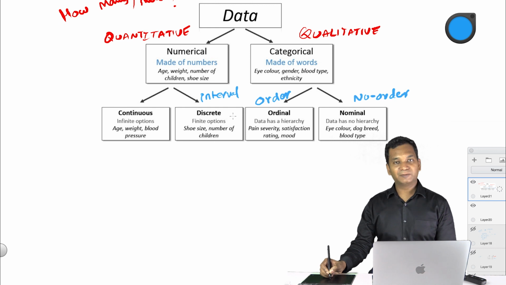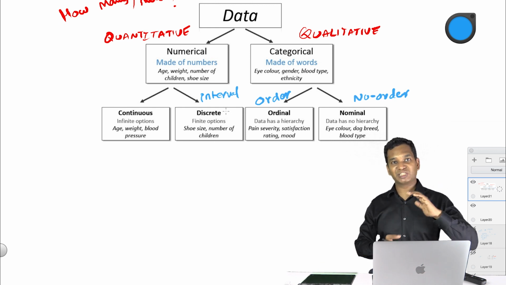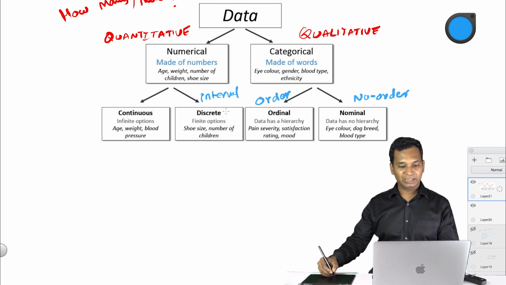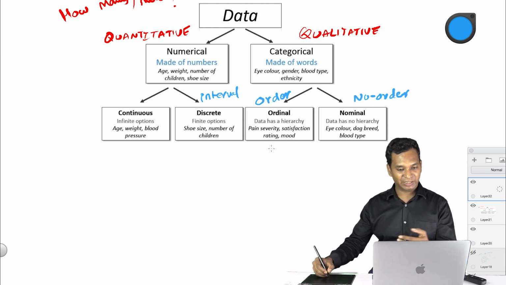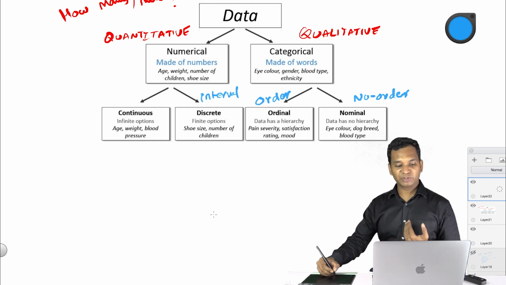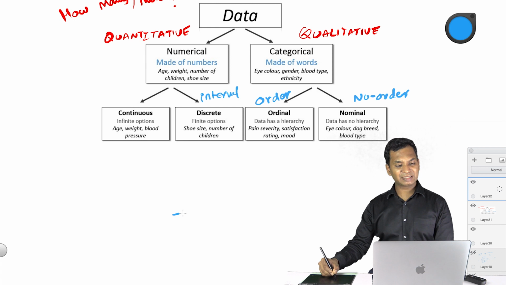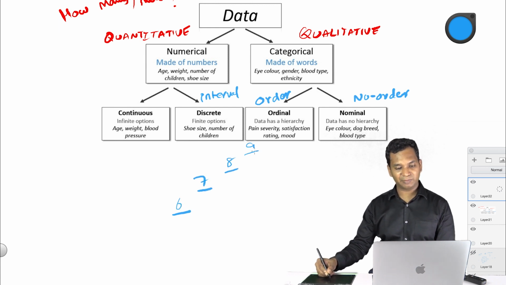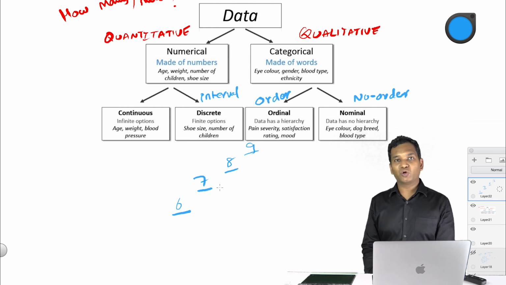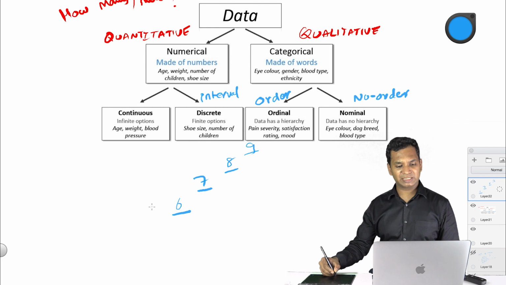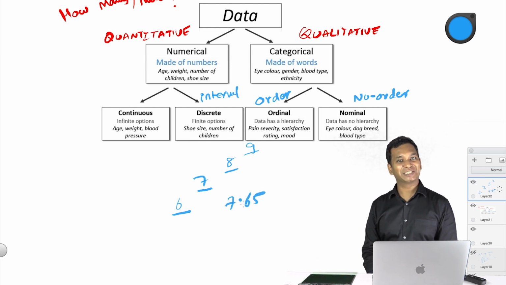Discrete or interval means it is a quantity, which means you're measuring, but they don't have all the values. For example, let's take a simple example, shoe size. You might have a size like 6, 7, 8, 9. If I go to a shop and ask, I want a shoe size of, let's say, 7.65, does it make any sense?